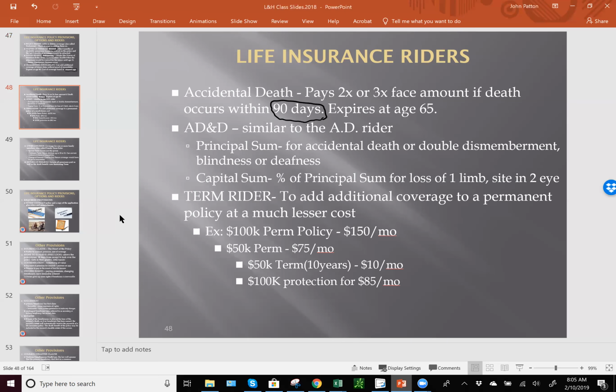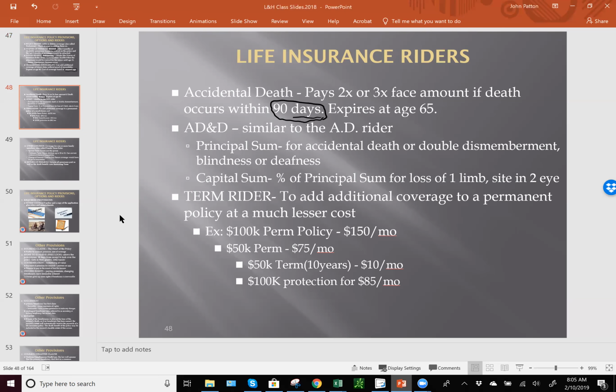Next, we have the accidental death and dismemberment rider, which is similar to the accidental death rider, but it's going to state an amount that it would pay for an accidental death. That amount is called the principal sum of the AD&D rider. So it would pay that principal sum, whatever amount stated, for an accidental death. Now, for it to pay for an accidental death, death must occur within how long do you think?